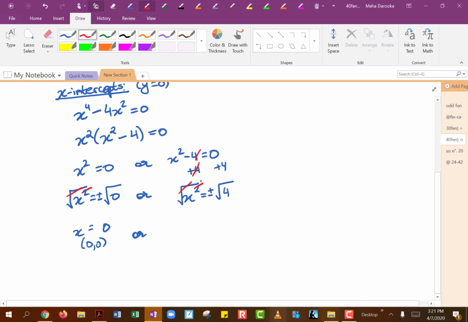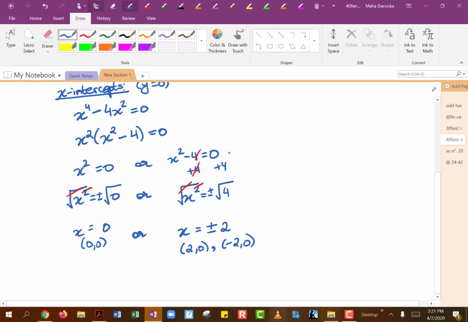So square and square root cancel each other out. They leave us behind with x, and that's going to be positive or negative square root of 4, which is 2. So you are actually getting 2 ordered pairs from here, positive 2, 0, and negative 2, 0. Okay?